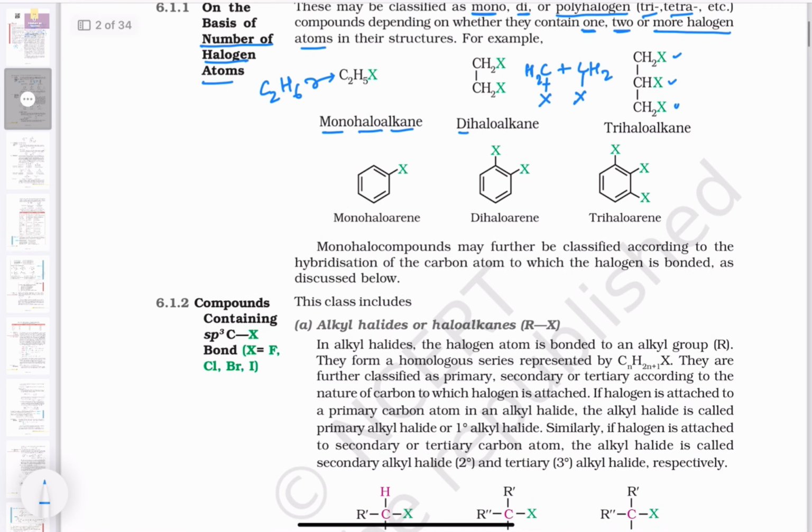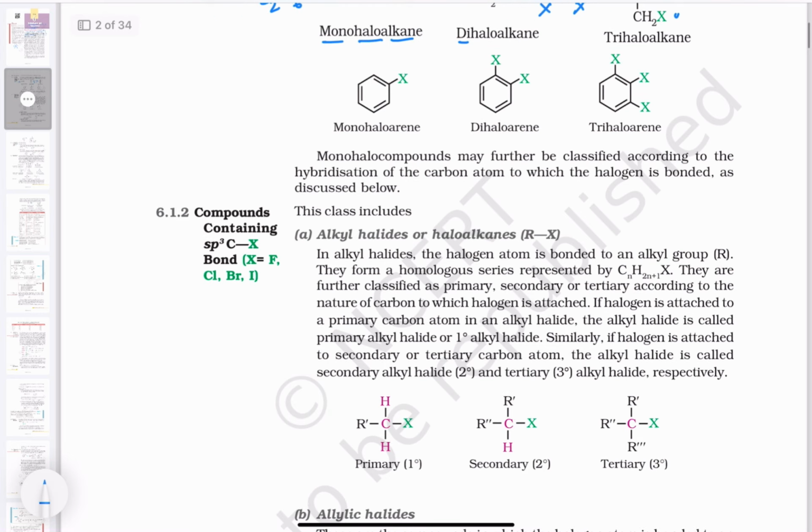This is aliphatic, a long chain of carbon-carbon single bonds. Similar things can happen with aromatic rings. Arene means benzene ring. Halo means halogen atoms are there. Mono means only one, so this is mono, this is di, this is tri.